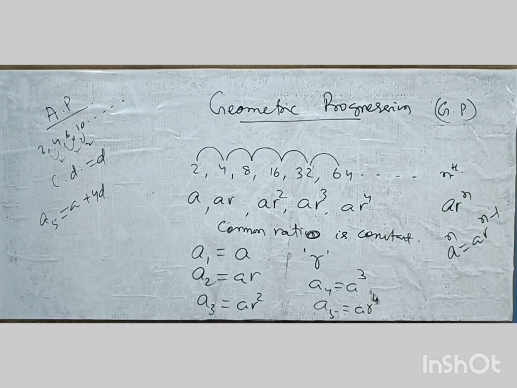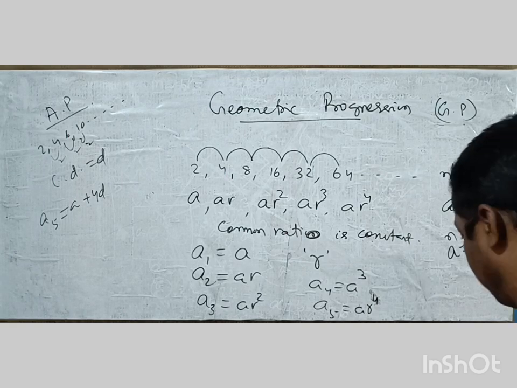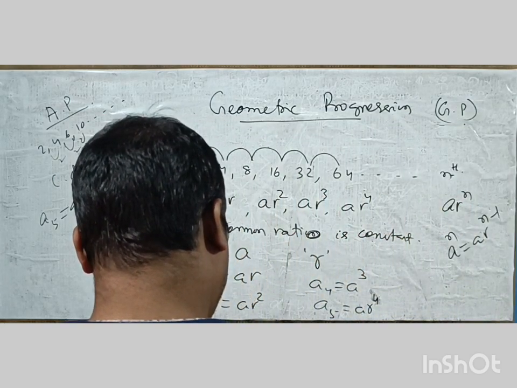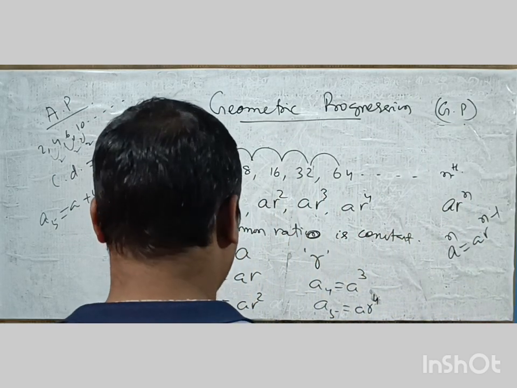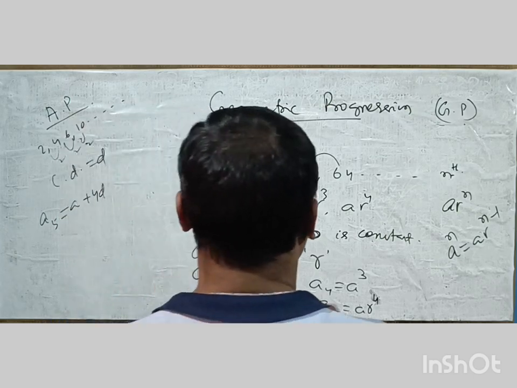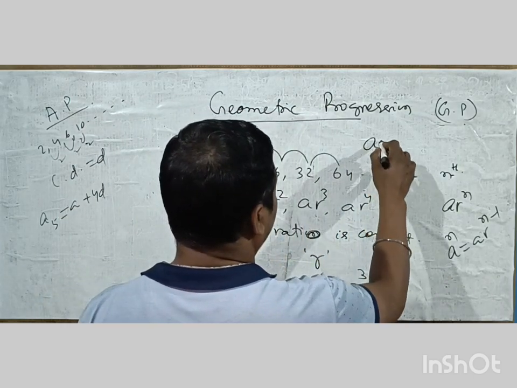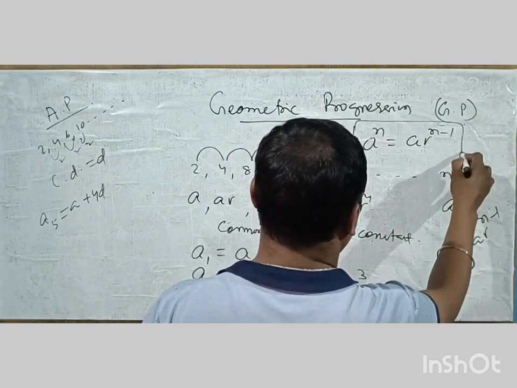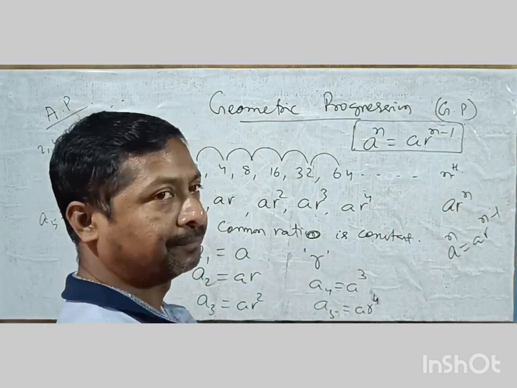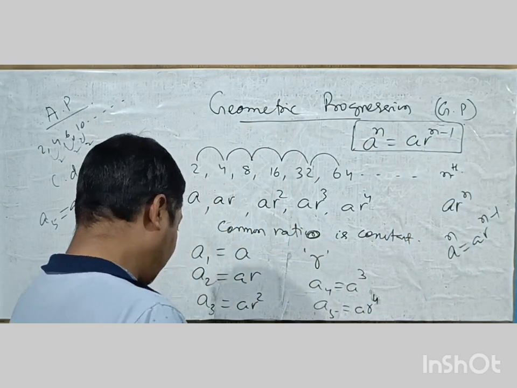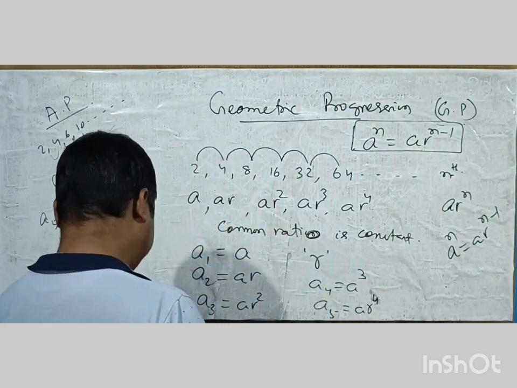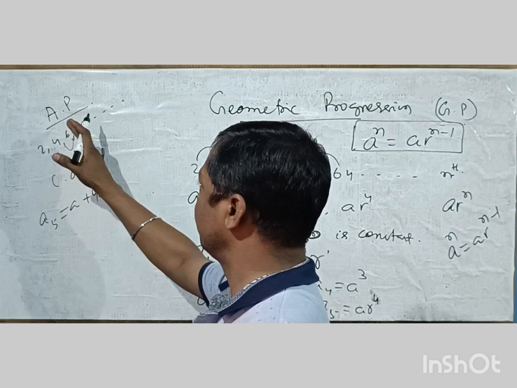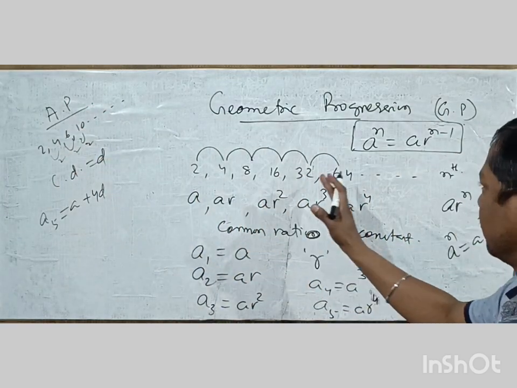So the nth term is AR^(N minus 1). Note it down: AN equal to AR^(N minus 1). This is the nth term. If we calculate in this way, this is the addition way, this is the multiplication way.